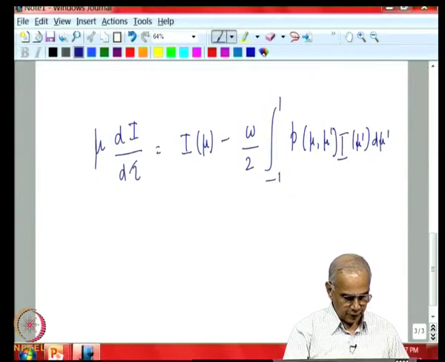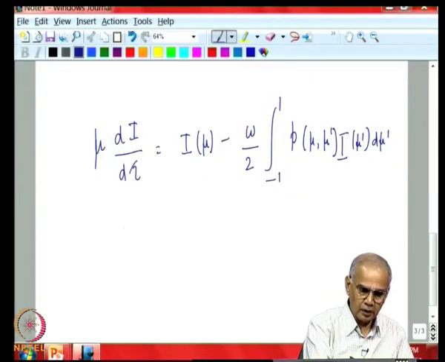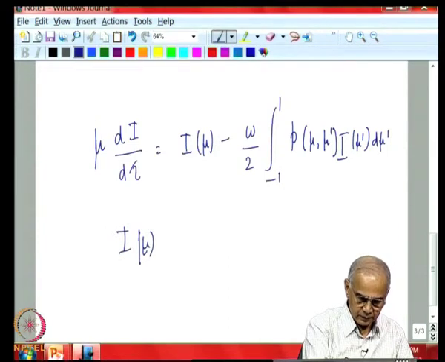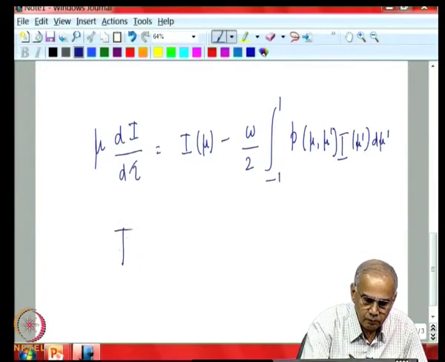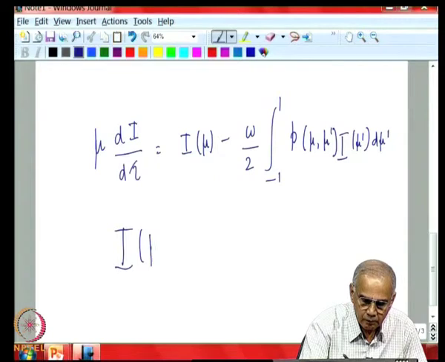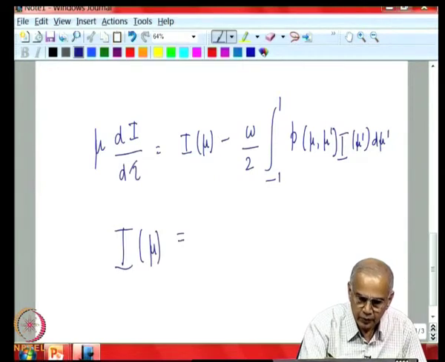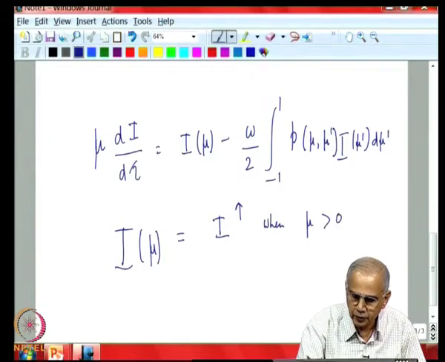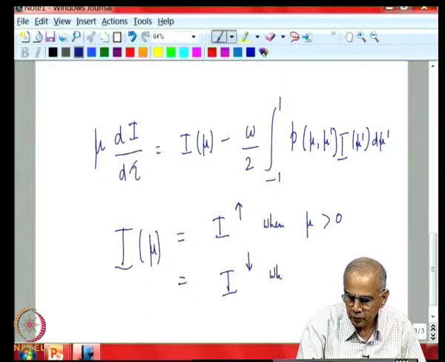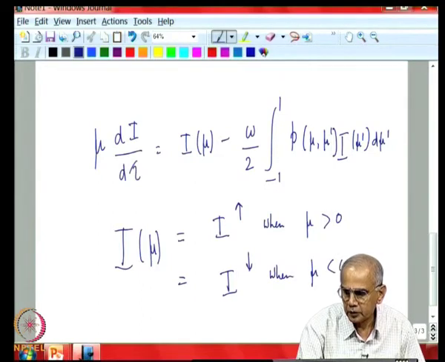Now, in the two-stream approximation, you have a very simple assumption that I as a function of mu is written as equal to I up when mu is greater than 0, and equal to I down when mu is less than 0.